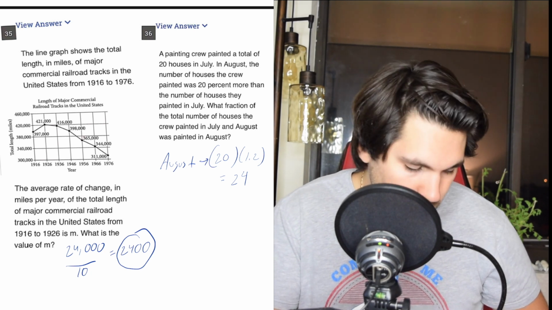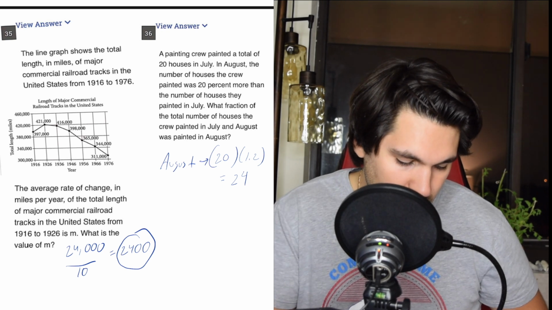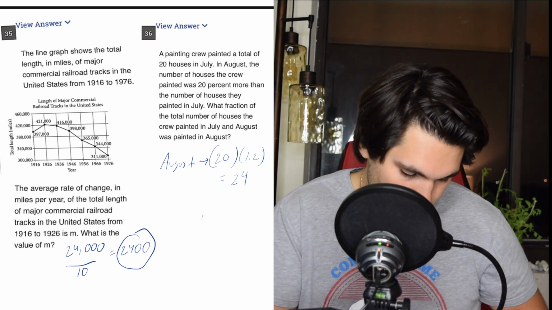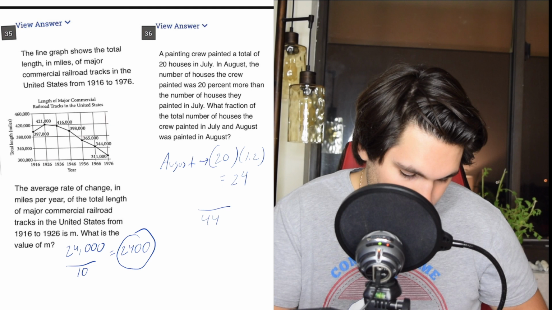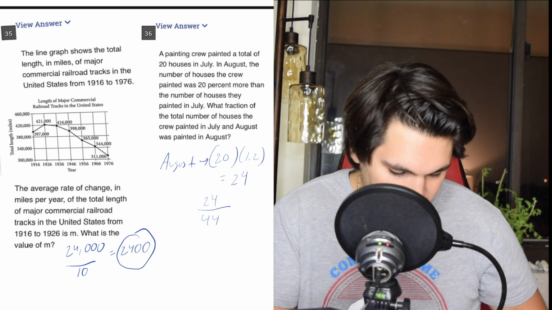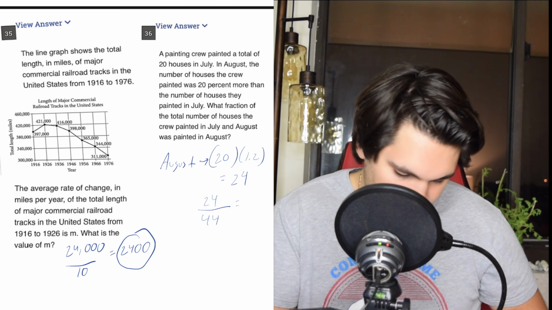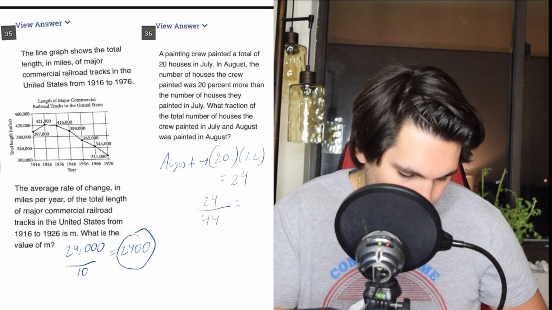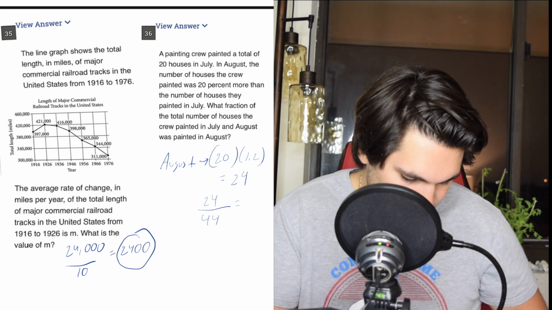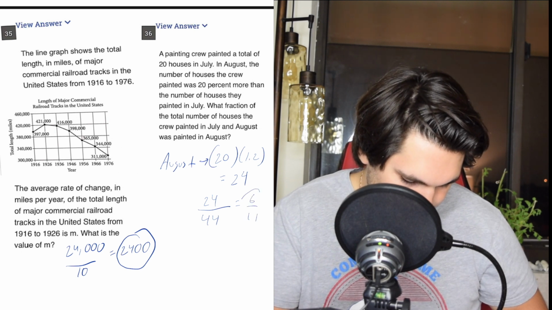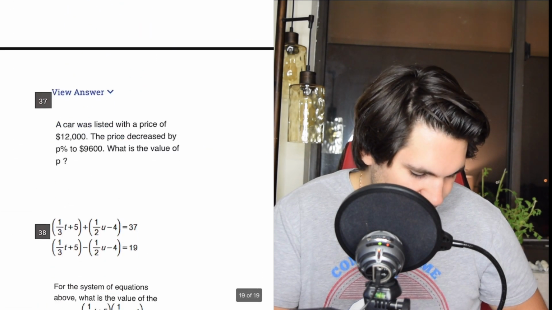So now in total, we had the 20 in July, 24 in August, that's 44. In August, it was 24. So now we just simplify this down. This is going to become, divide them both by 4, 6 over 11. Donezo.